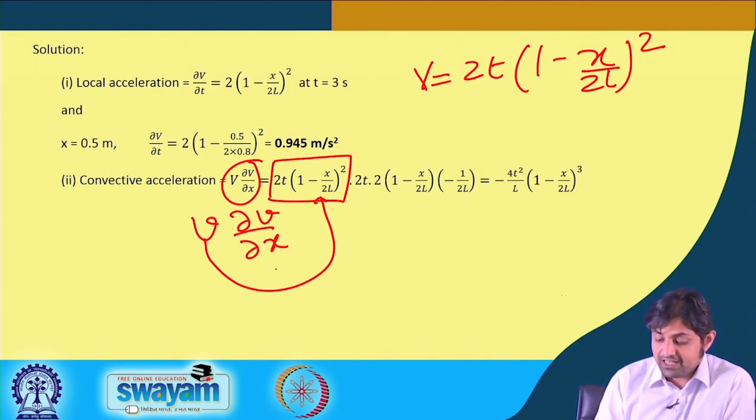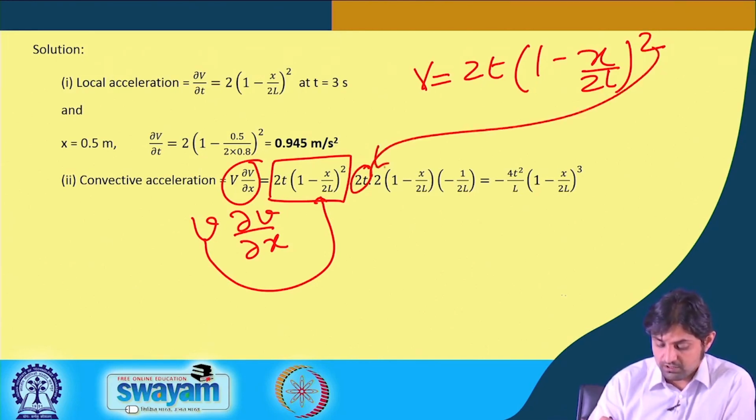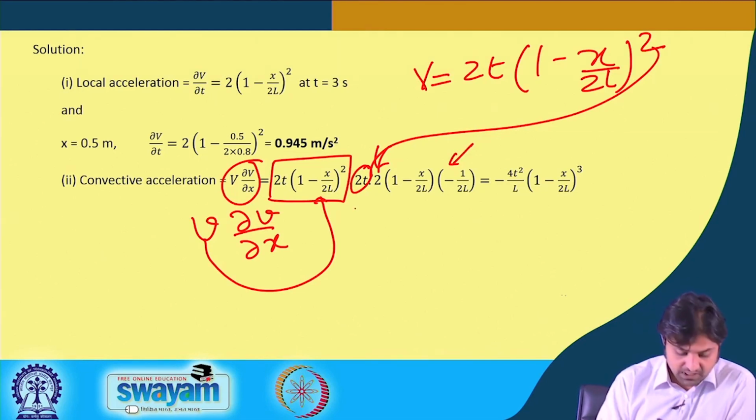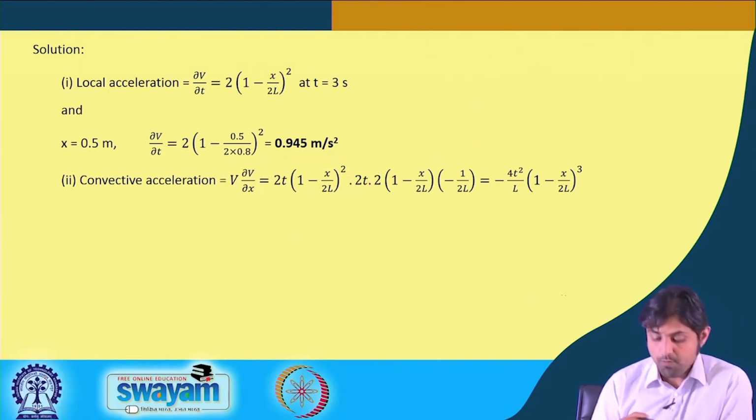And what is del v del x? If you differentiate, 2t will remain 2t, and this 2 will come down, and it will be 1 minus x by 2L multiplied by minus 1 by 2L. On simplification this gives minus 4t squared by L into 1 minus x by 2L, whole cube.